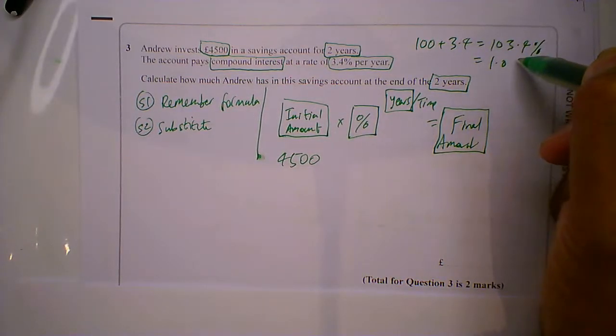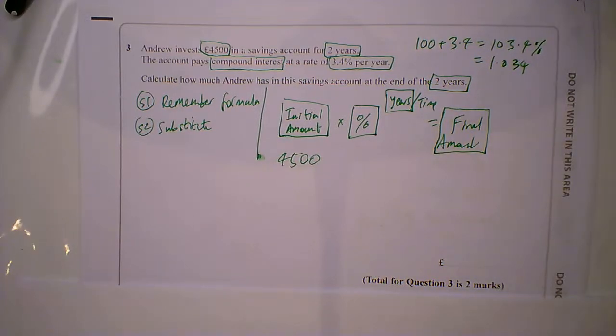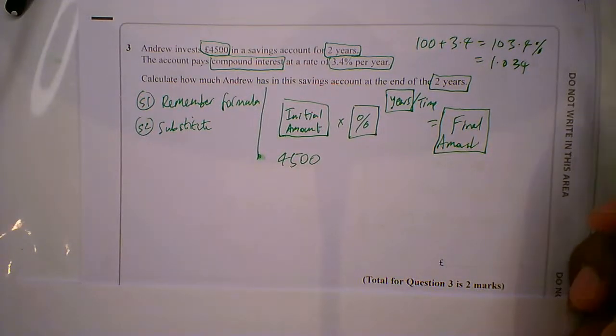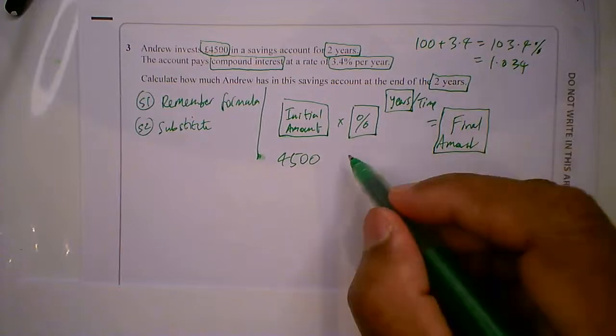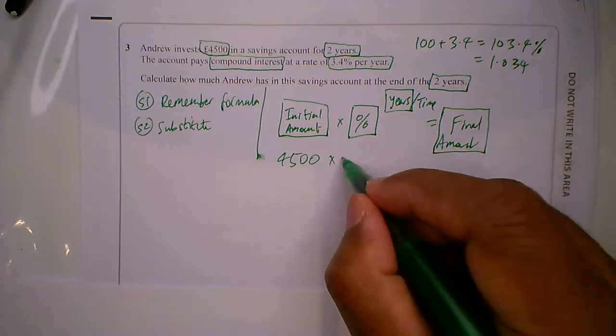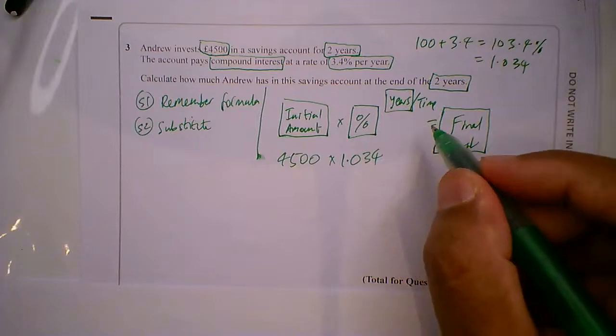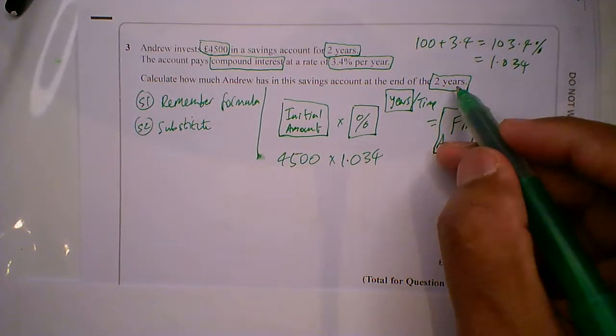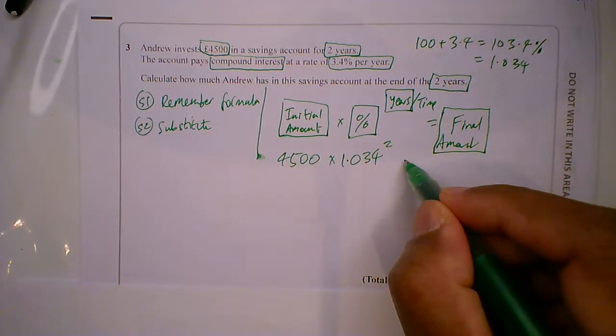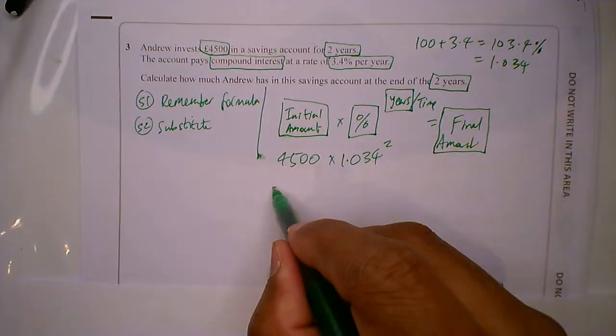As a multiplier, that's 1.034. So I've got my percentage now, or multiplier 1.034, and I raise it to the power 2 years, and that will give me my final amount.